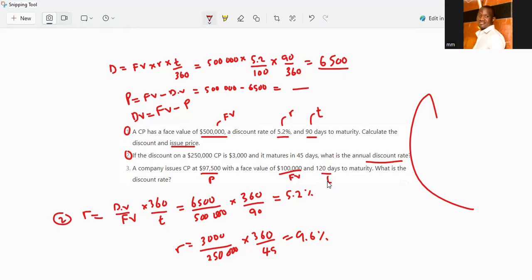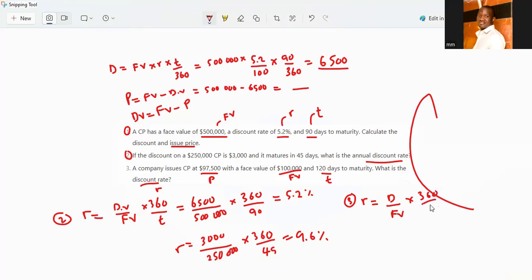What are we being asked to calculate? The discount rate R. These questions are all about the formulas. R is equal to DV, or they call it D in some books, but I like to call it DV so you know it's a value, not a rate, times 360 over time.